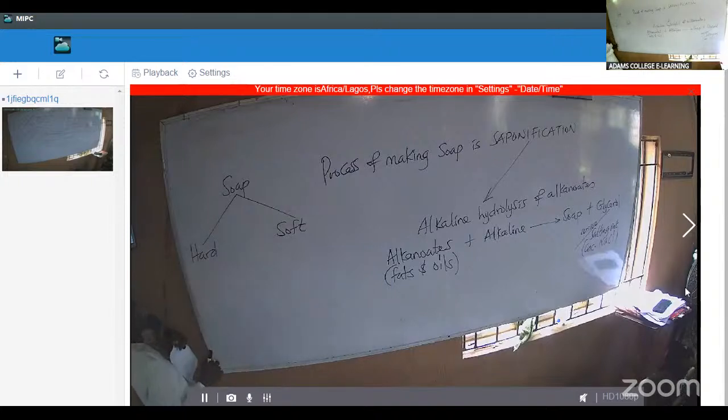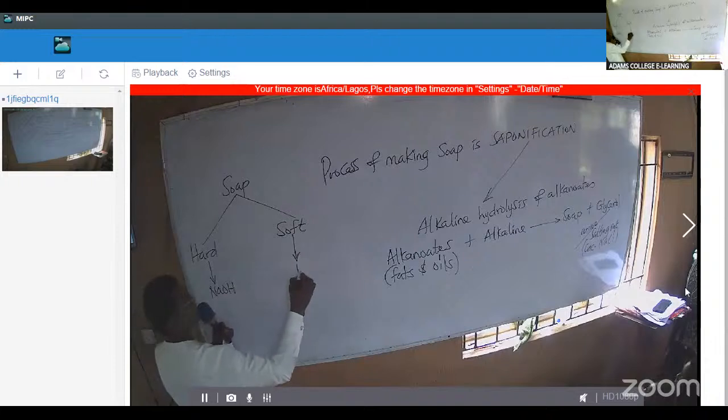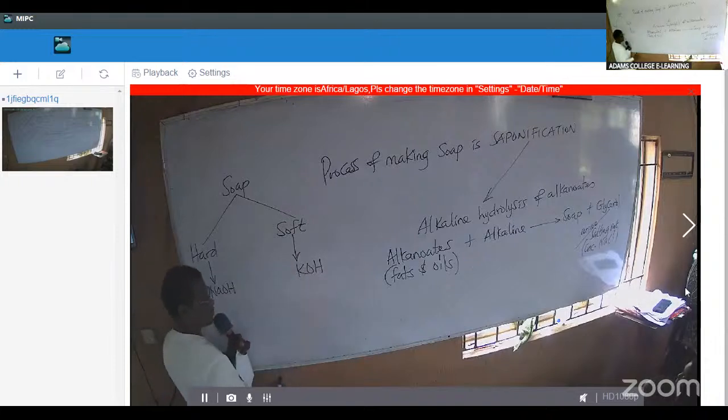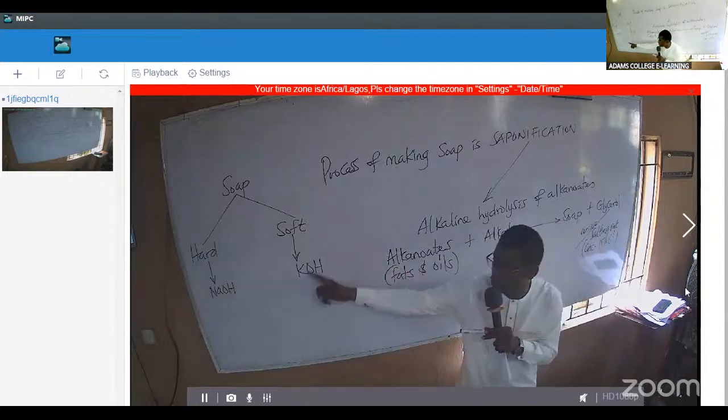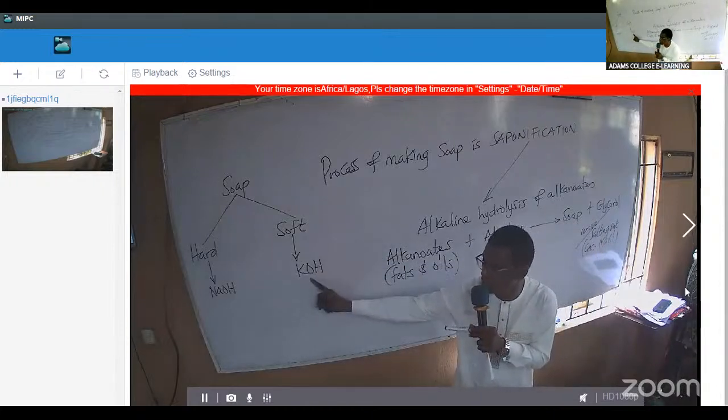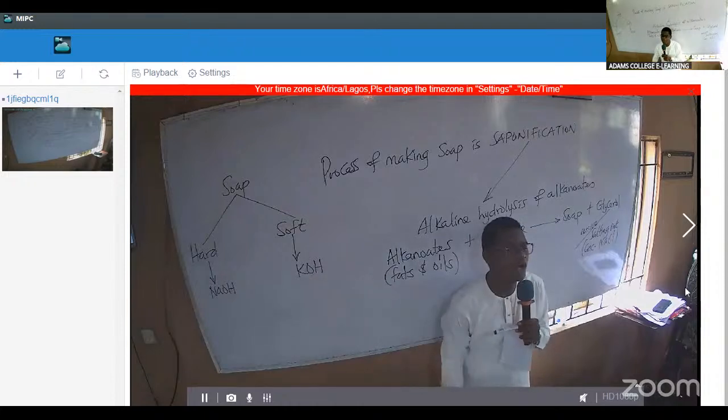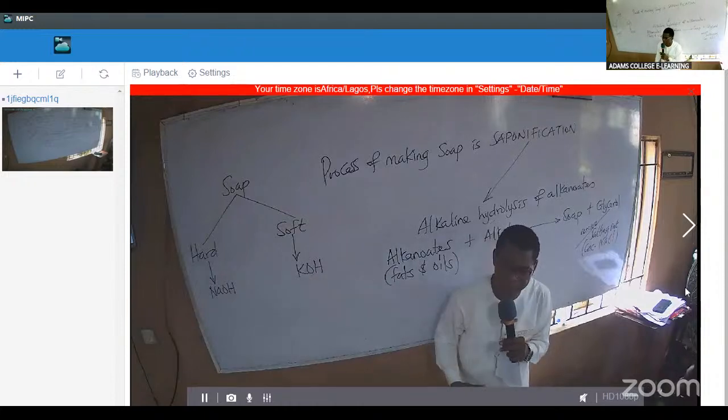Say we have soap. Hard and soft. The hard contains sodium hydroxide. The soft contains potassium what? So you want to make soap, you either use sodium hydroxide or you use what class? All the soap you use for bathing at home are soft soap.